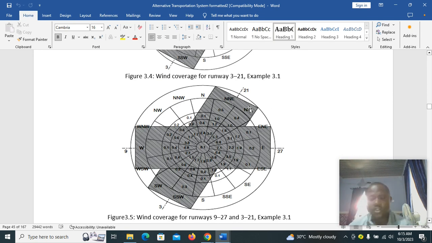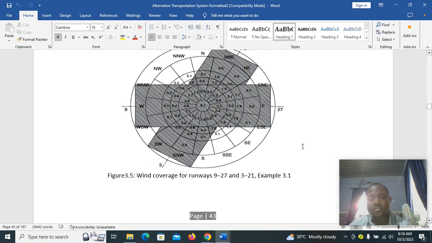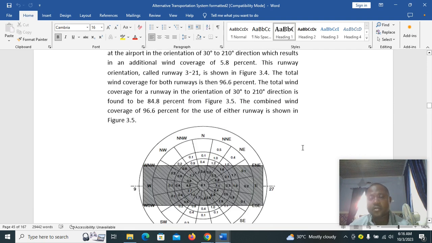That is the second runway that will assist this major runway, because we must have 95% for the airport to be useful. If the usage of this runway is not up to 95%, then we provide a supplementary runway, which is the crosswind runway. So that is all about runway orientation and number.